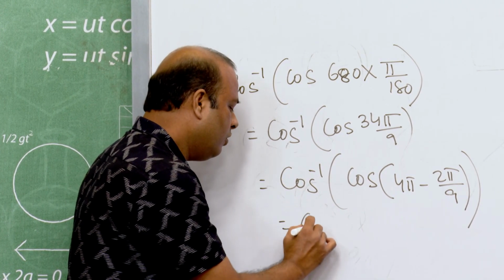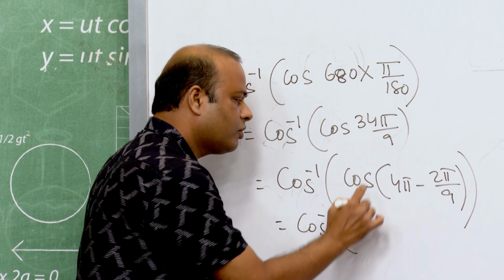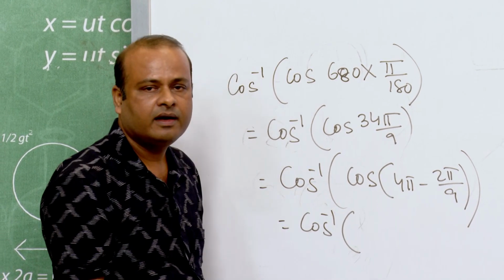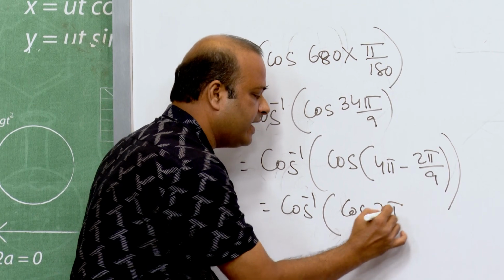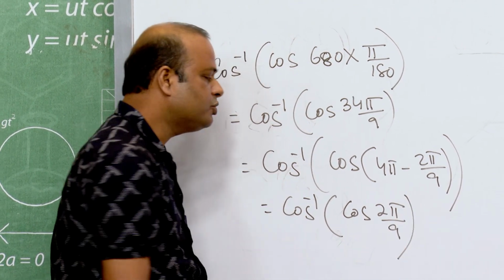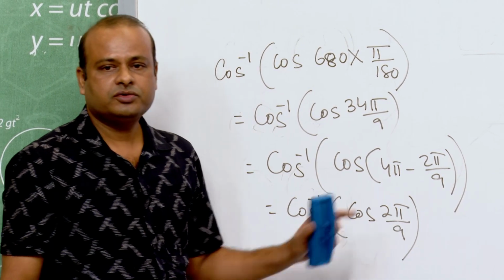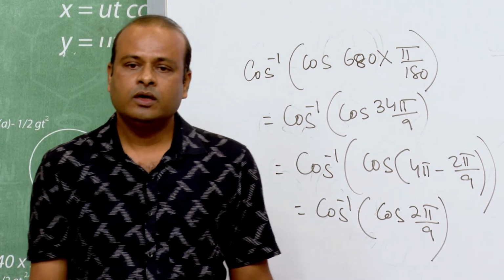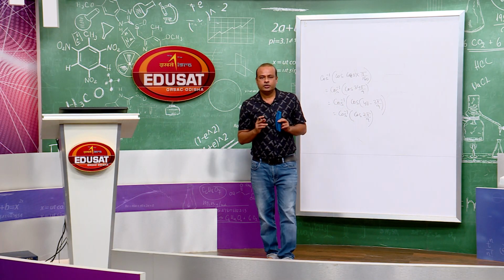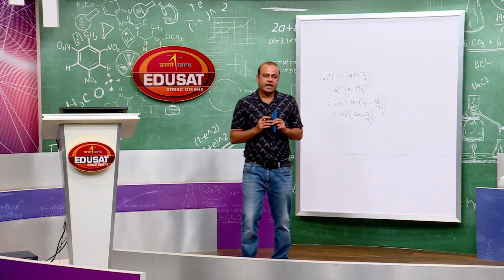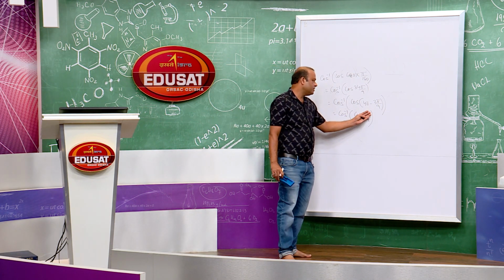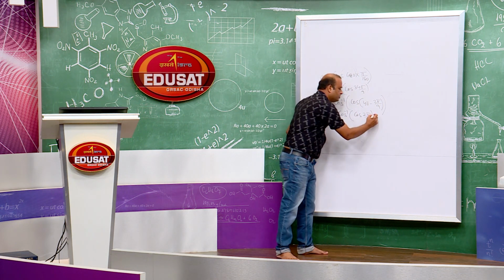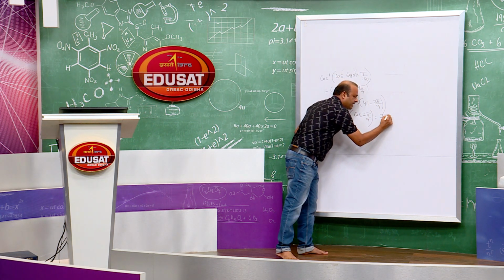And you know cos of 4 pi minus theta is cos theta, that is cos 2 pi by 9, and this lies in the closed interval 0 to pi, so cos inverse cos of this is 2 pi by 9.